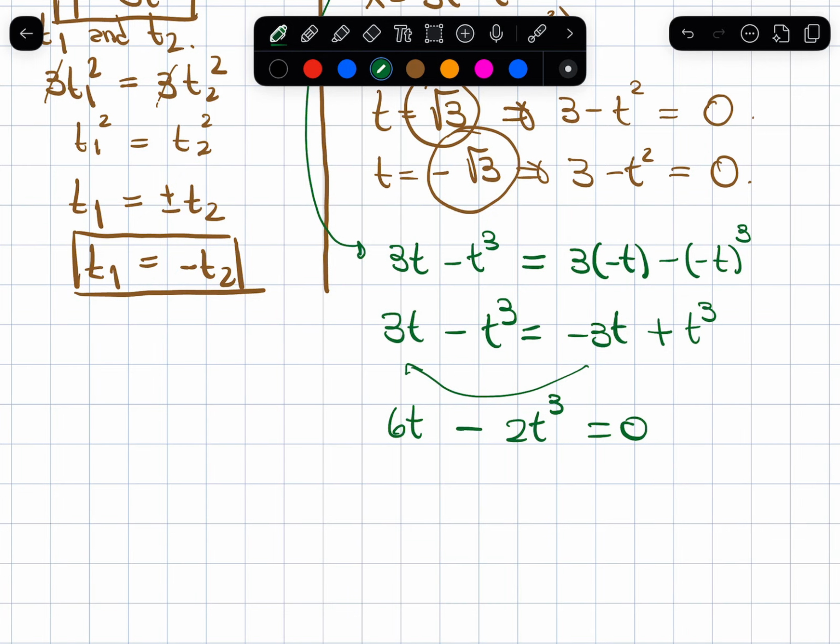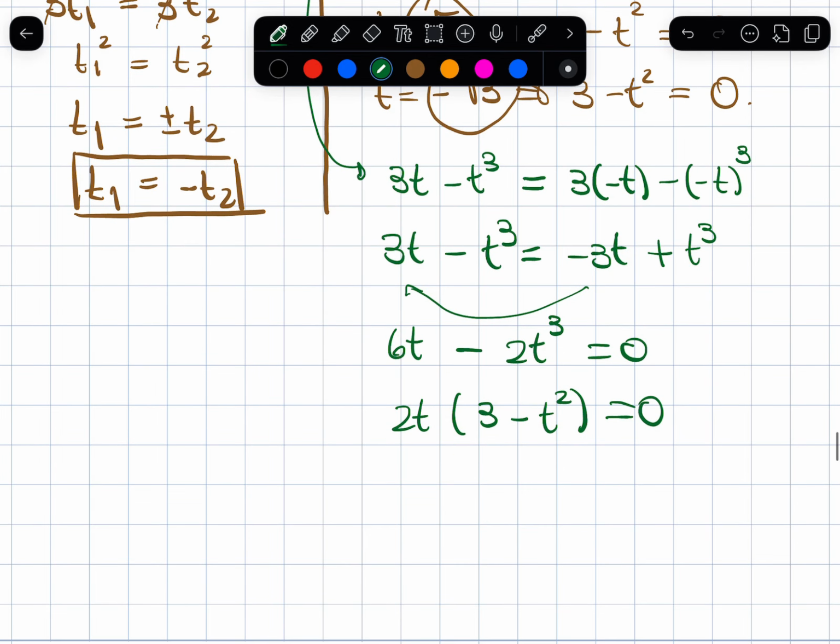And then again, I can factor out a 2t to get 3 minus t squared equals 0. So I'd get values of t equals 0, t equals the square root of 3, and t equals negative the square root of 3, because now that equals 0.